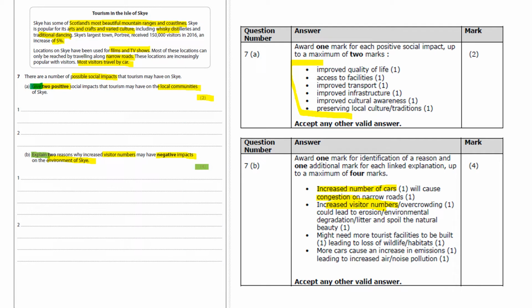That means there'll be more overcrowding, but there's probably also going to be more litter. There's going to be more damage to the natural environment. There's probably going to be more tourist facilities needing to be built, which is going to destroy habitats. And again, we've already mentioned cars, but more cars will mean more emissions, and that means more air and noise pollution. You need to pick 2 of those, and you need to explain them.